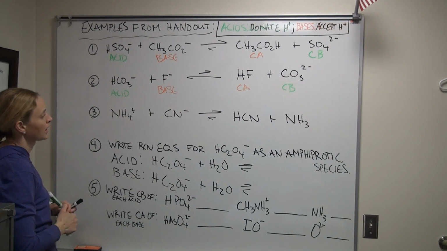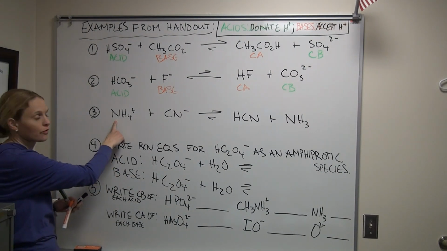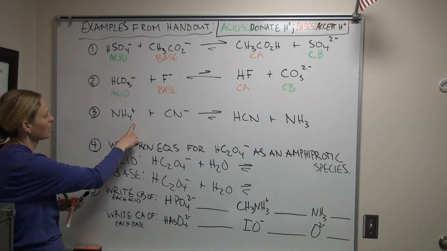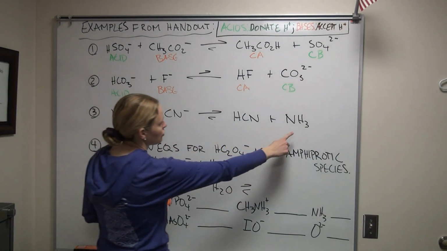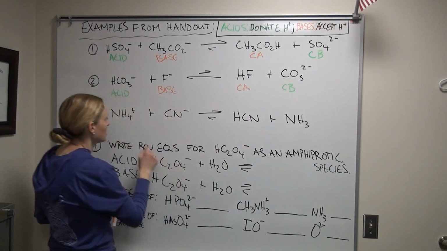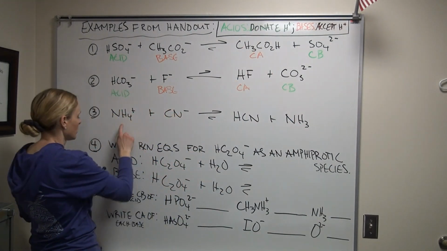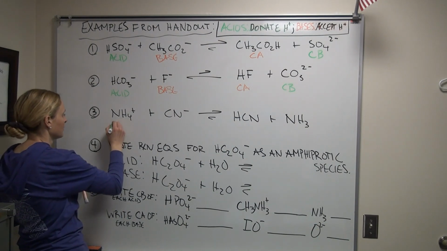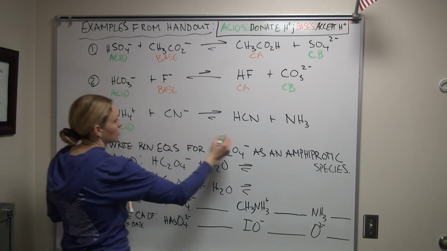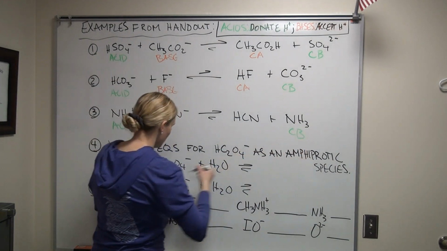All right, next one, NH4 plus, ammonium ion, goes to NH3. What did it do? It lost a proton, it donated it. So again, this is the acid, and this would be the conjugate base.